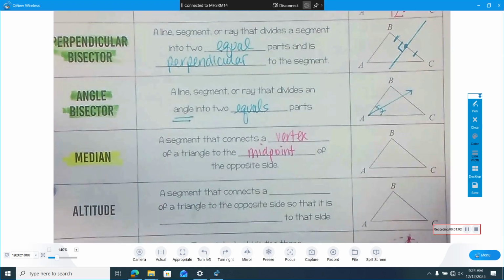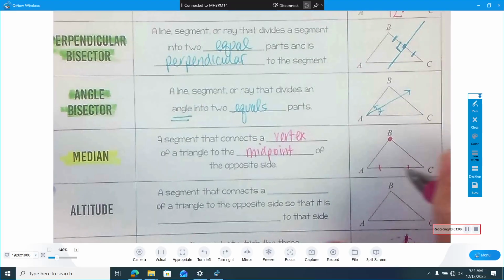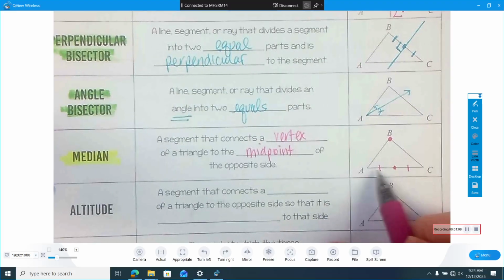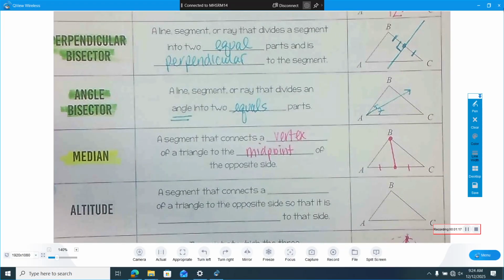So it goes from a vertex to the midpoint. The segment gets bisected. It gets cut into 2 equal pieces, and the median is right there. So we have the median, which connects the vertex to the midpoint of the opposite side.